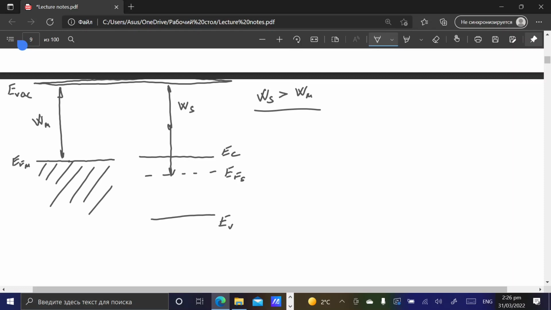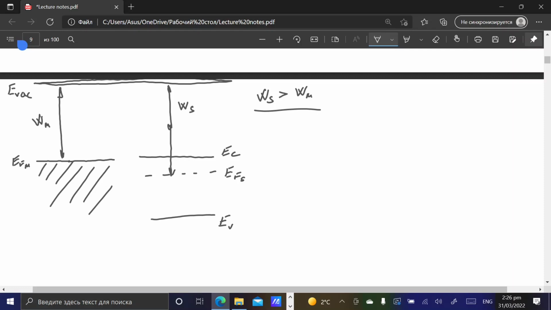So we will have some net flux of electrons coming from the metal to the semiconductor. These electrons will create some space charge in the semiconductor, but that will now be negative space charge, and in the metal there will be some positive space charge at the interface when we put them together.